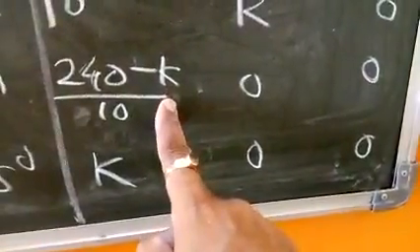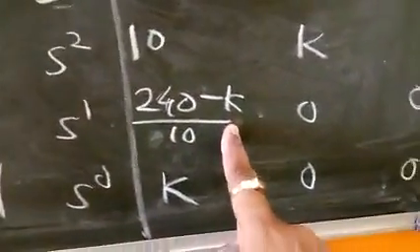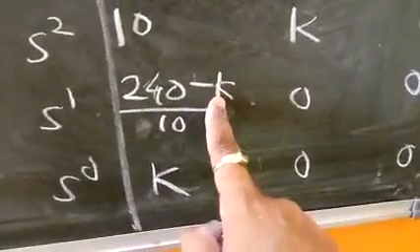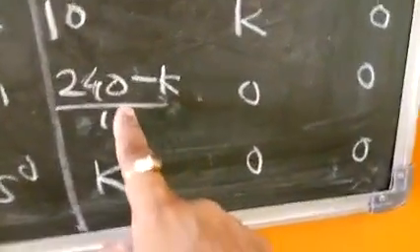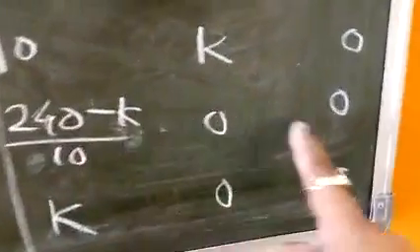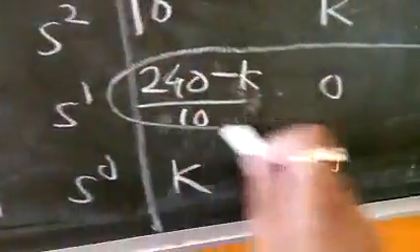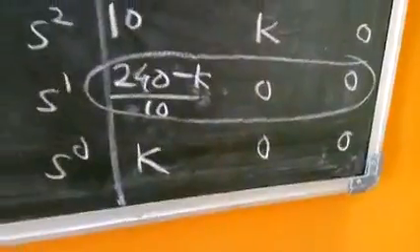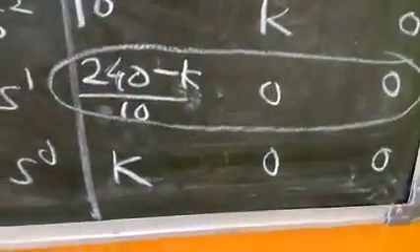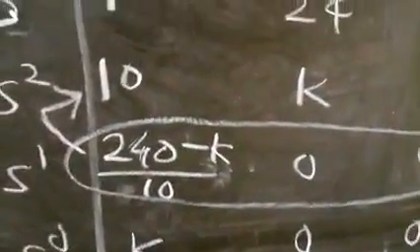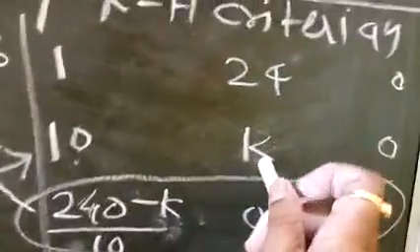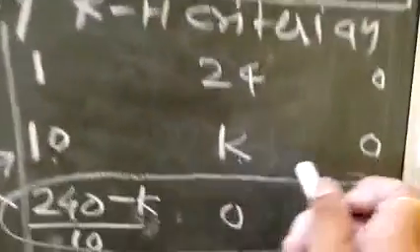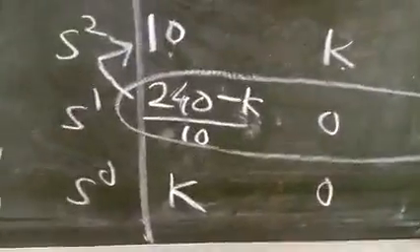This is called an auxiliary equation. If suppose K is equal to 240, so put the value of K as 240. So 240 minus 240 is 0. So this row has a 0 element. The row above this row gives what is called the auxiliary equation. The equation is 10S square plus K is equal to 0.